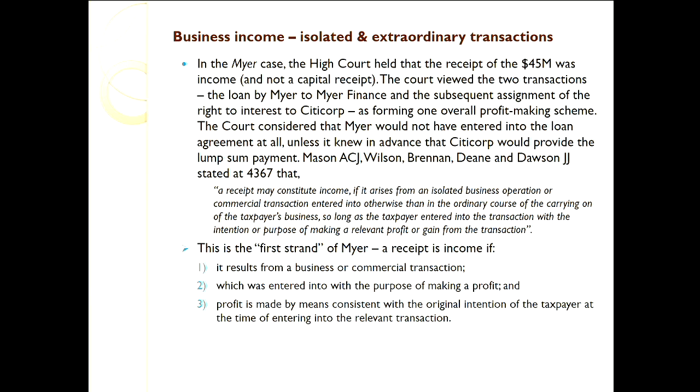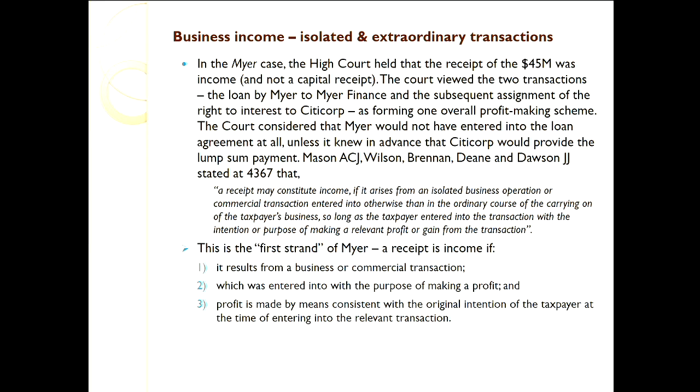And so if we look at the elements, we need a business or commercial transaction. Well, we certainly had that in the Maya case. Is it entered into with the purpose of making a profit? Well, absolutely yes. Again, Maya wants that $45 million from Citicorp, so that is its purpose.